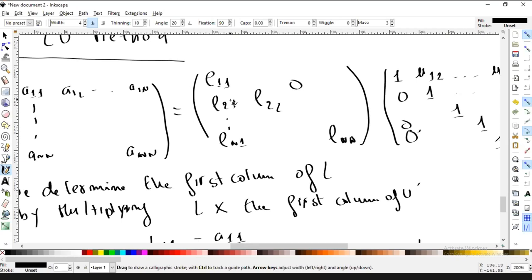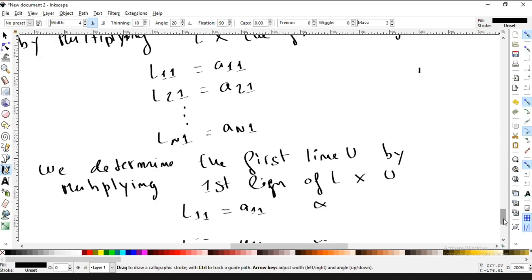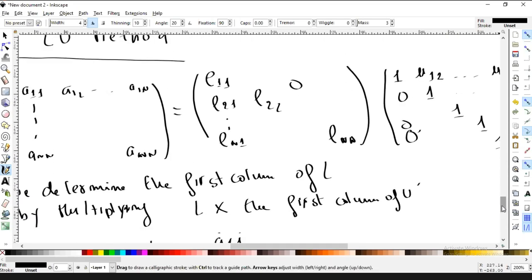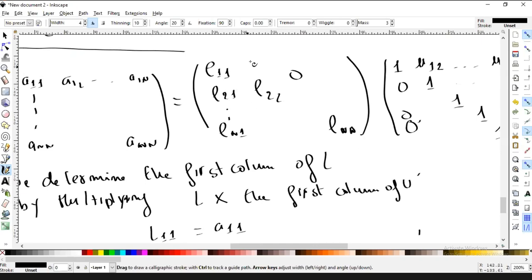And now you get that L21 plus L22 U12. Now we are multiplying L by the first line of U to get these elements, which are equal to these elements of the matrix.